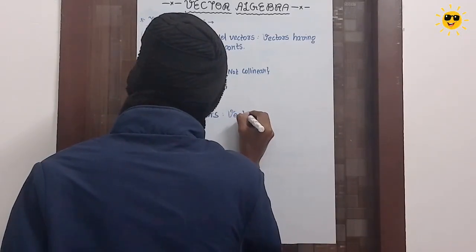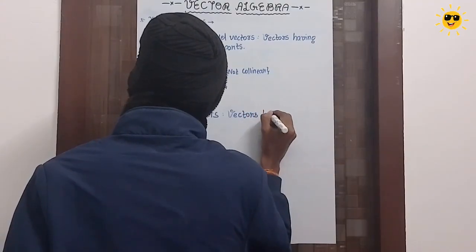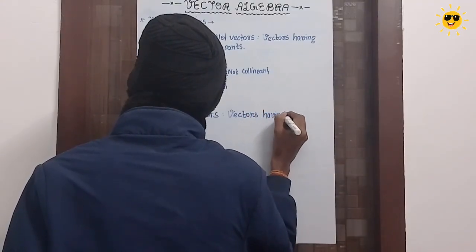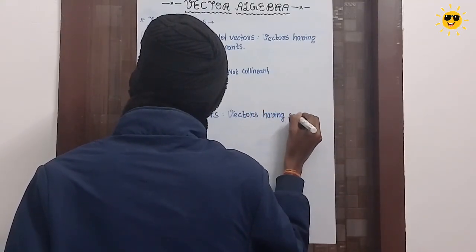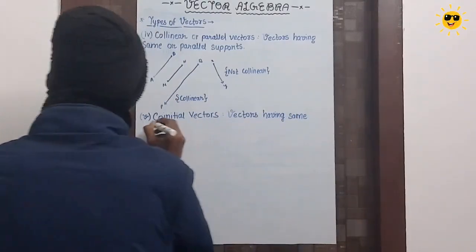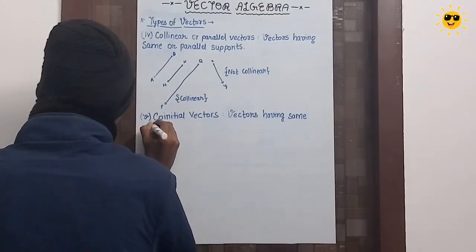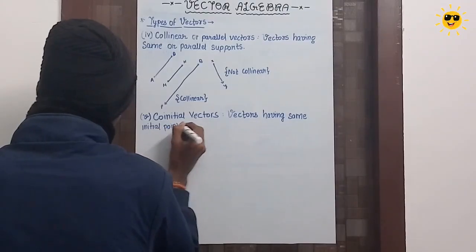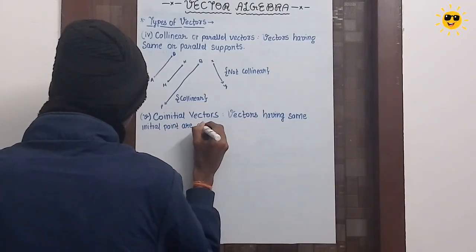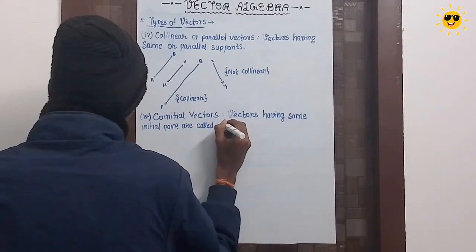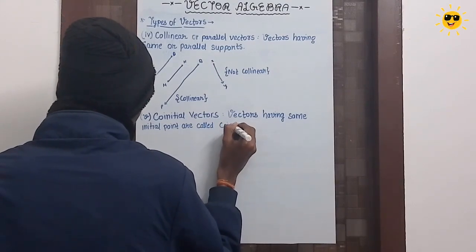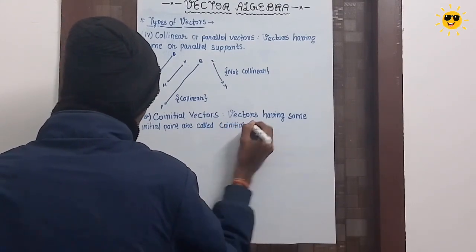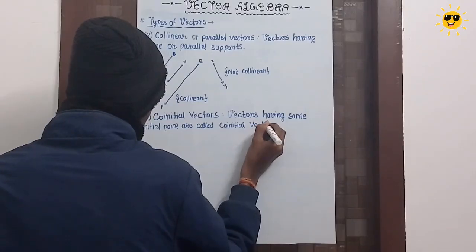Vectors having same initial point are called co-initial vectors. As simple as that.